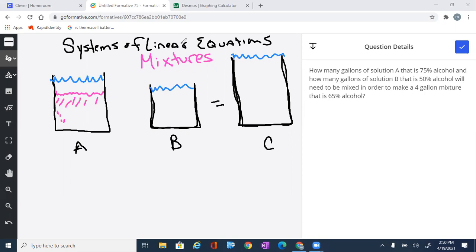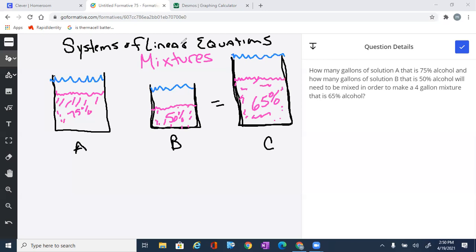Let's write here, this is 75%. And then solution B is roughly 50%. And then what we're looking for is that solution C, or the final solution, is going to be right at 65% for that alcohol.